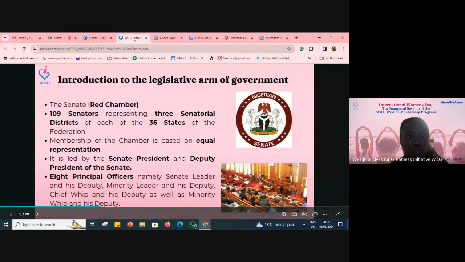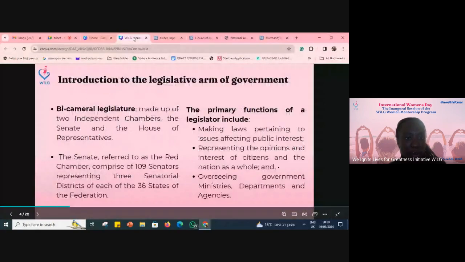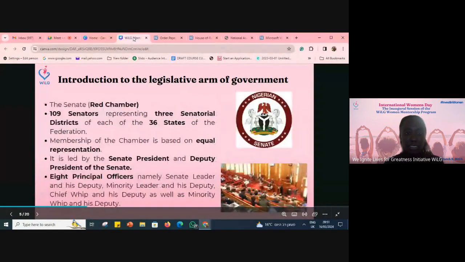So I tried to do a recap to say, we have two houses of assembly, two chambers. We have the Senate and the House of Reps. The Senate is made of 109 members. The House of Reps is made up of 306 members. Their three major functions are: they make laws, they represent people, that's their constituents, and they perform government oversight.